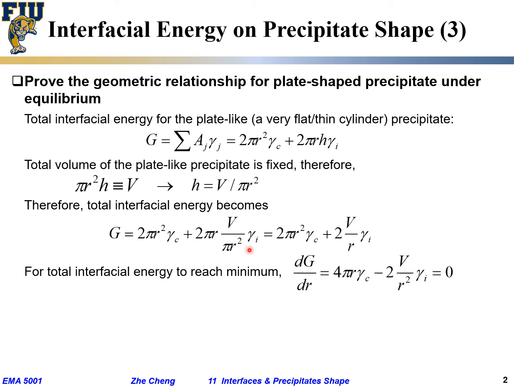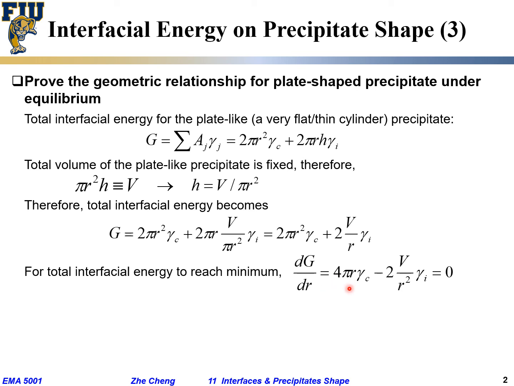The first derivative has to be zero. Of course, if you want to be precise, minimum means the second derivative has to be positive. You can check that. But at least, let's first look at only the first derivative. It has to be 0.